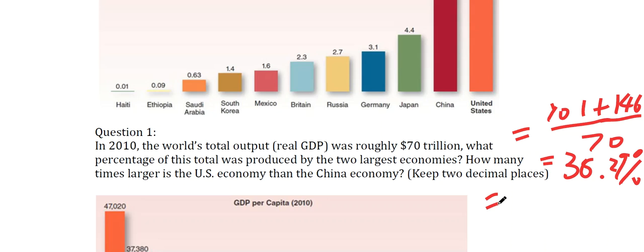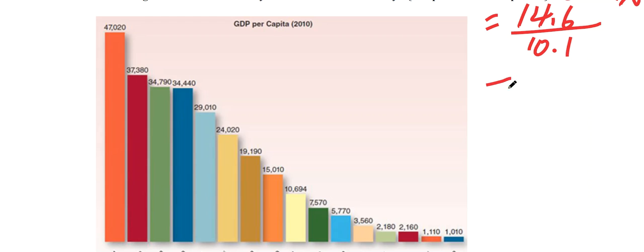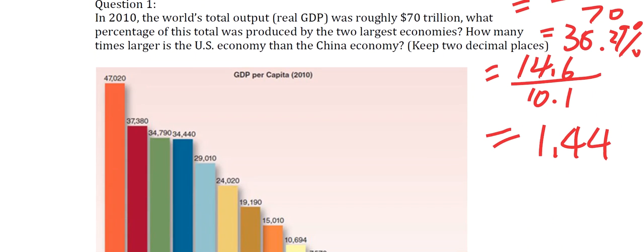So you use 14.6 divided by 10.1. Again, I eliminate the trillion sign because they are measured in the same unit, and then you will get 1.44. Since the question requires two decimal places, I keep two decimal places here. This means the U.S. economy is 1.44 times larger than the China economy. So this is the first question.